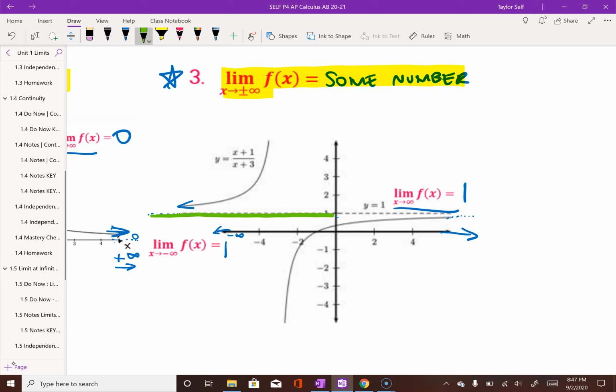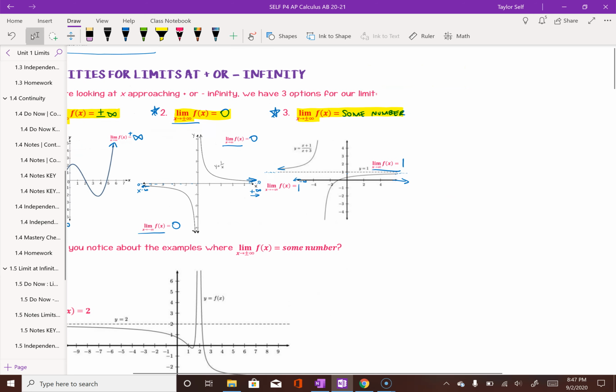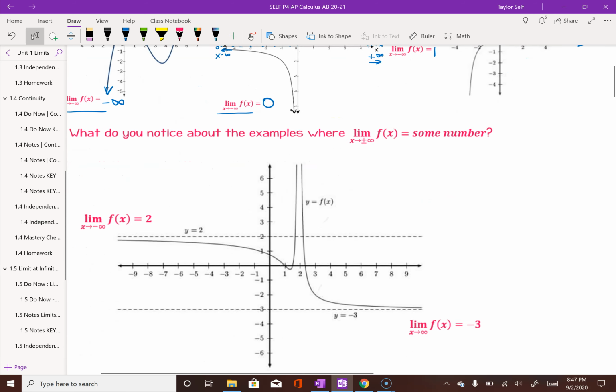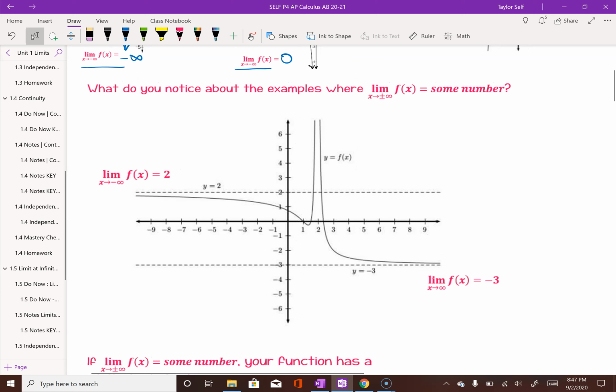This is a horizontal asymptote. Just like this graph has 2 horizontal asymptotes, your limit actually equals the horizontal asymptote, depending on if you're approaching positive infinity or negative infinity.